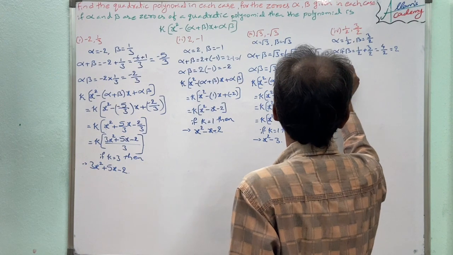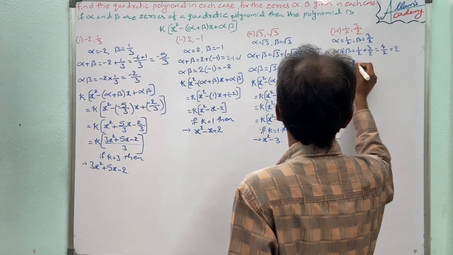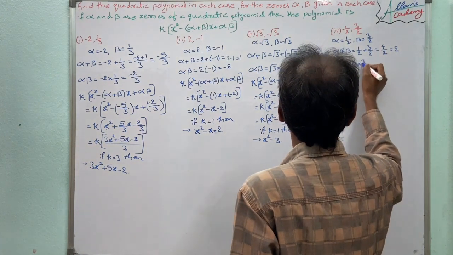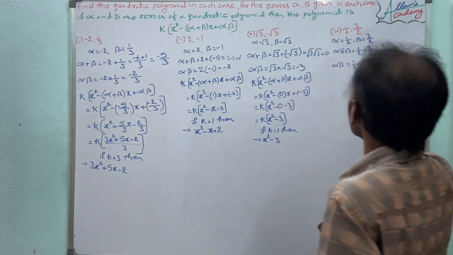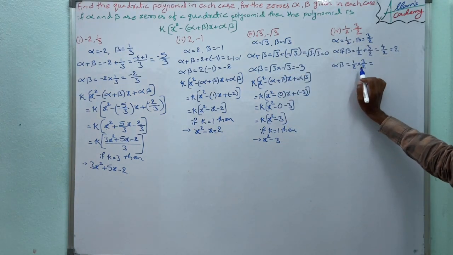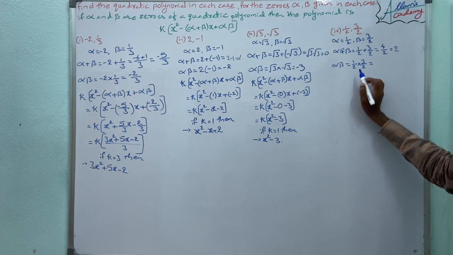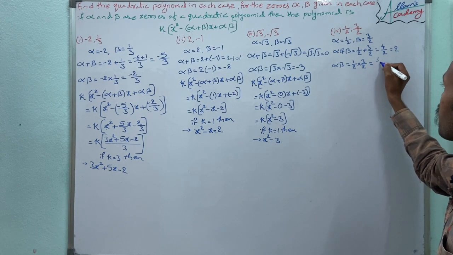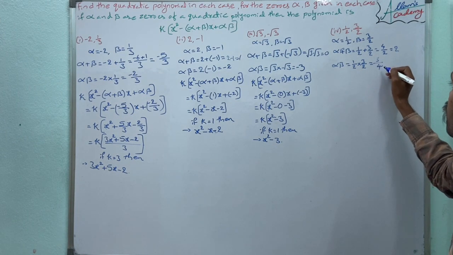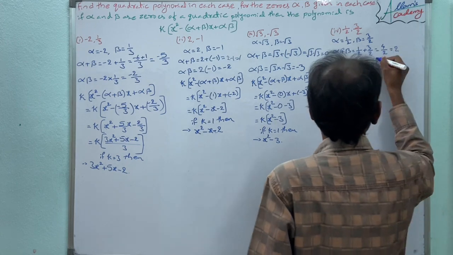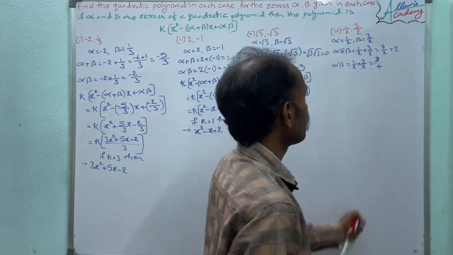Next, alpha beta, the product of the zeros, is 1 by 2 into 3 by 2. So multiply numerators and denominators: 1 threes are 3, 2 twos are 4. So the product of the zeros is 3 by 4.